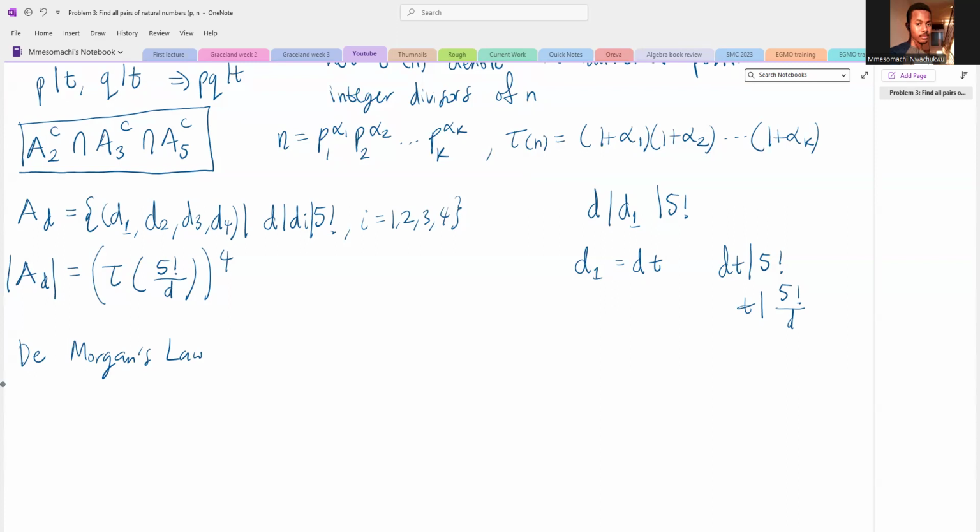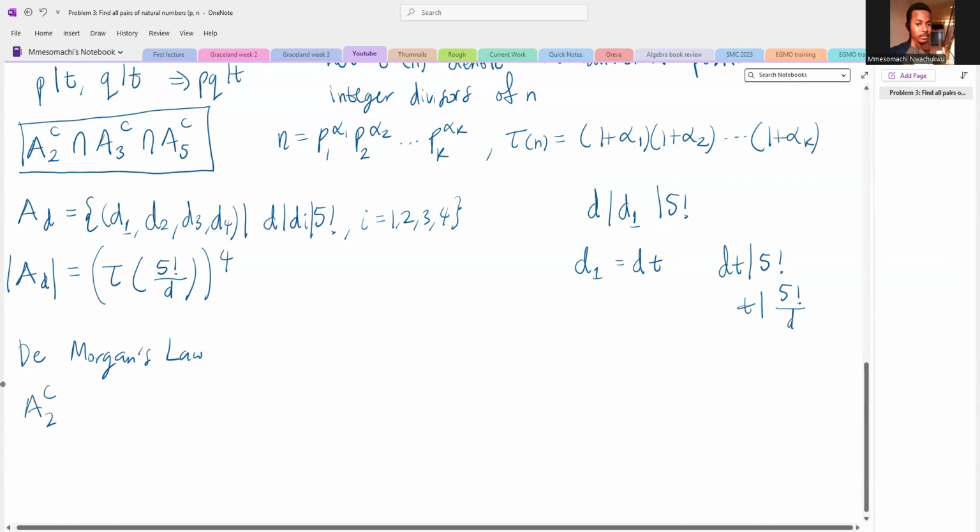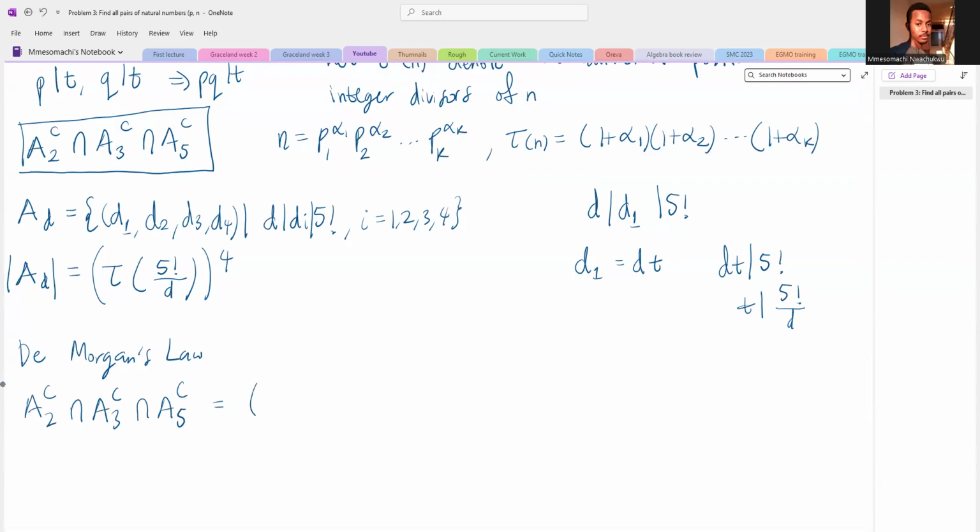So De Morgan's law gives us that A2 complement intersect A3 complement intersect A5 complement is equal to A2 union A3 union A5, all complemented.